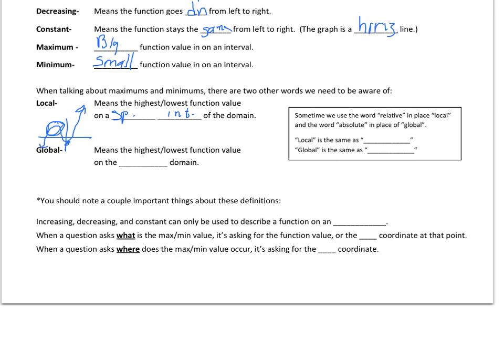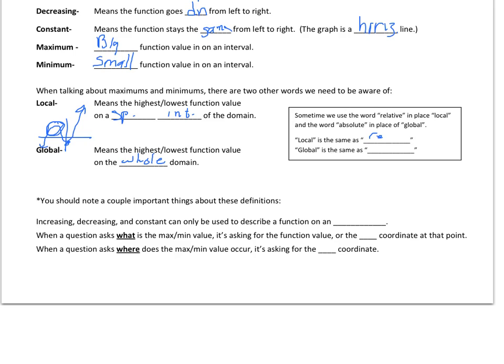Now a global min or max means the highest or lowest function value on the entire domain, or on the whole domain. Now over here, local is the same.